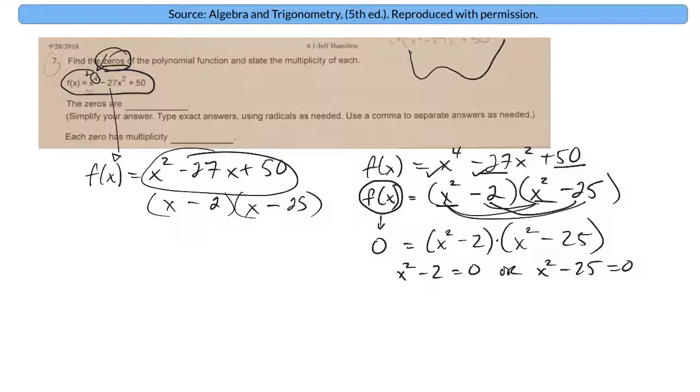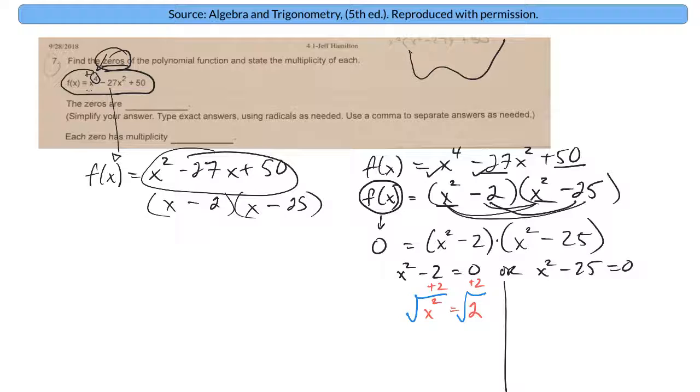And then I just solve both of those quadratic equations. This one, I think the easiest way to do is to use the square root principle. So first thing I'll do is I'll add 2 to both sides. So I'll get x squared is equal to positive 2. And then I'll square root both sides.